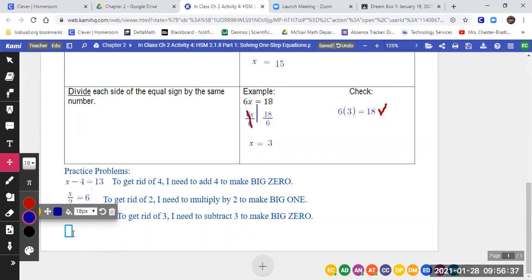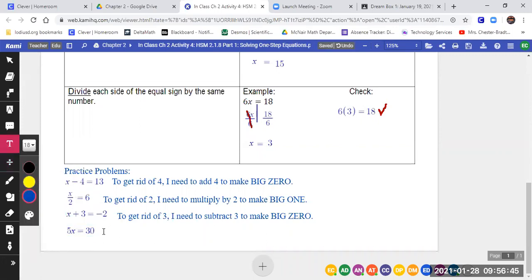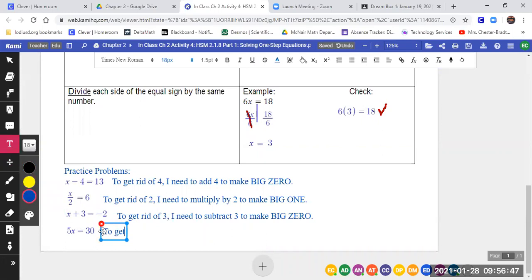What if I say 5x equals 30? Okay. To get rid of 5, I need to what? What's going on now? What would the opposite be?